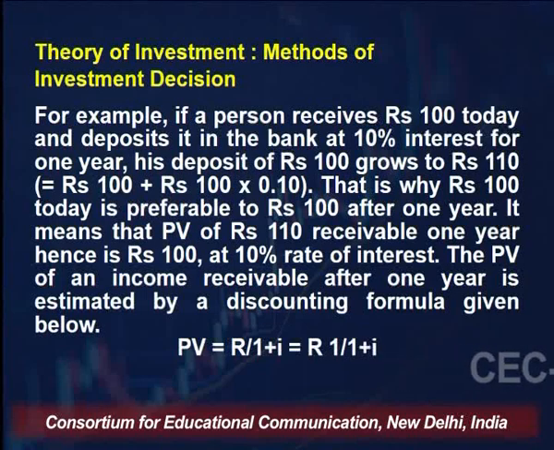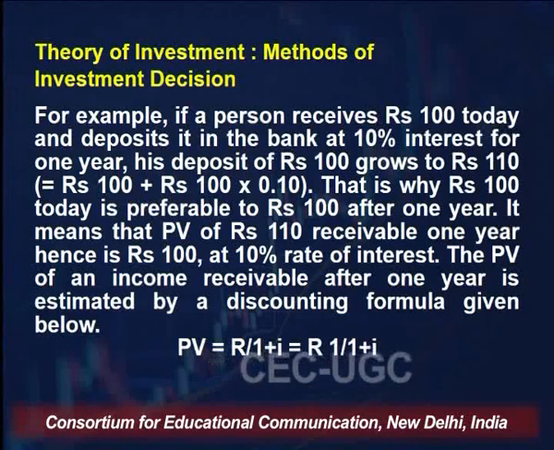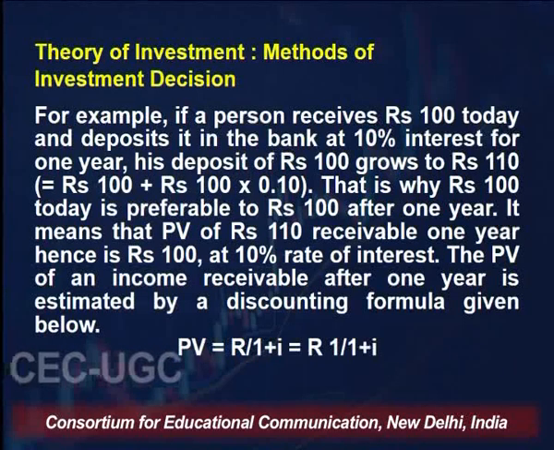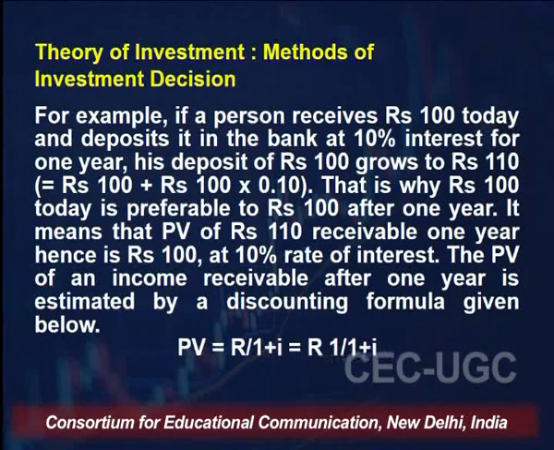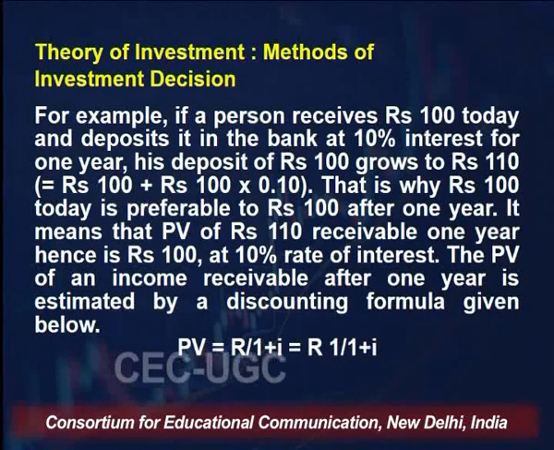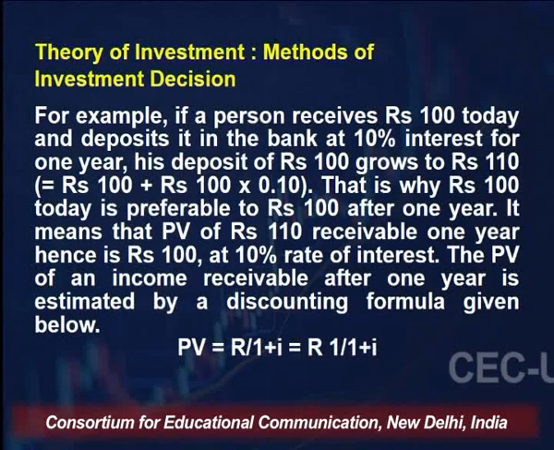his deposit of rupees 100 today will be equal to 110 after 1 year, because rupees 100 plus 10% interest, that means rupees 10, so 100 plus 10, it is 110. And that is why rupees 100 today is preferable to rupees 100 after 1 year, because there should be 110 after 1 year, and then a person may be indifferent between 100 today and 110 after 1 year.